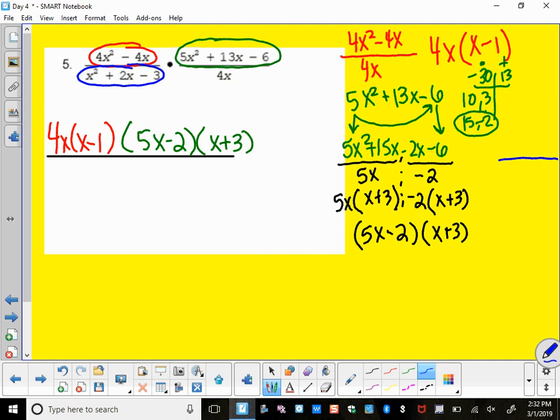We need a t-chart for that. I need two numbers that multiply to give me negative 3 and add to give me positive 2. I think we've done this one before. 3 and 1, my 1 gets the negative. So that would be x plus 3, x minus 1.